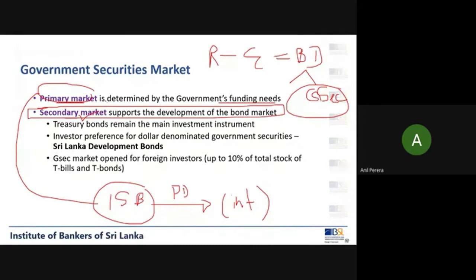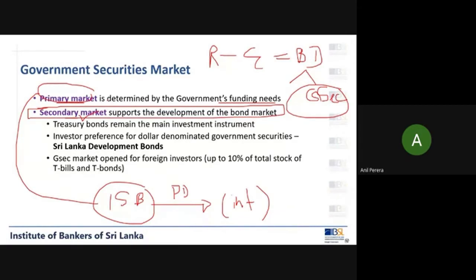In the past, what really happened is that people who bought securities just kept them. For example, large funds or institutions like EPF and insurance bought government securities and kept them.